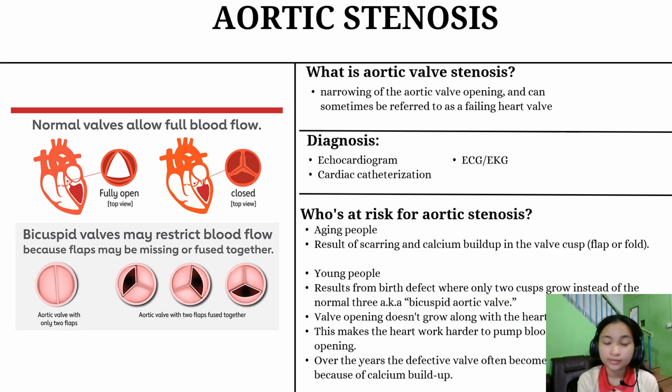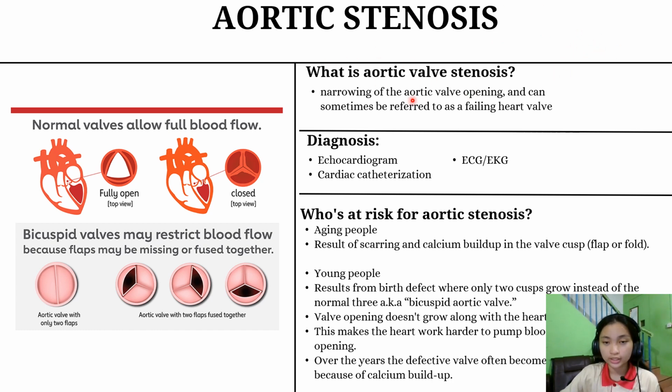Last but not least, I'm going to talk about one of the diseases that relates to the heart. So the disease that I have picked is aortic stenosis. If we separate these two words, aortic refers to the aortic valve, while stenosis refers to narrowing of a valve.